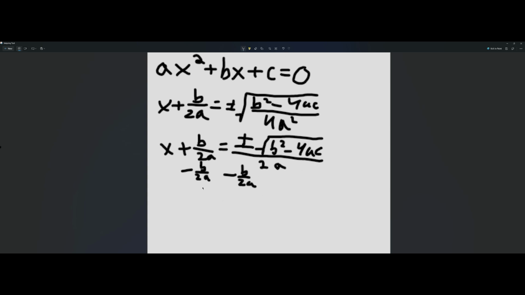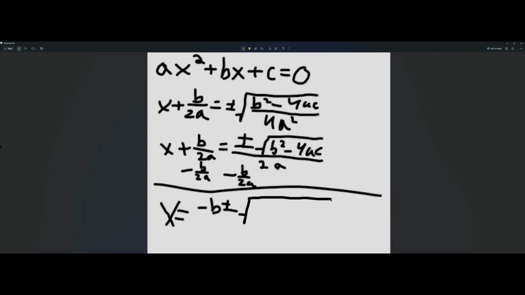So our final result will give us x equals negative b plus or minus the square root of b squared minus 4ac, all over 2a. And that's our quadratic formula. Well, thank you for watching this derivation, and have a good day.